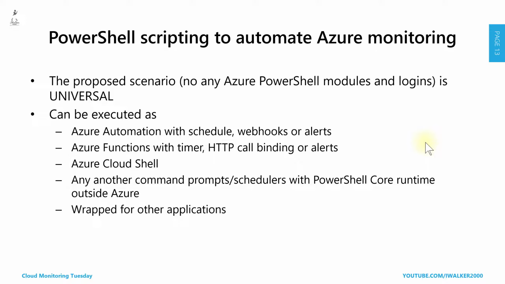And again, what are the scenarios? This PowerShell, especially if you use an SPN, service principal name, instead of managed identity, could be universal. So we can run the script over the automation with a schedule, or by webhooks, or by alerts. So it will be runbooks with different scenarios to call it.